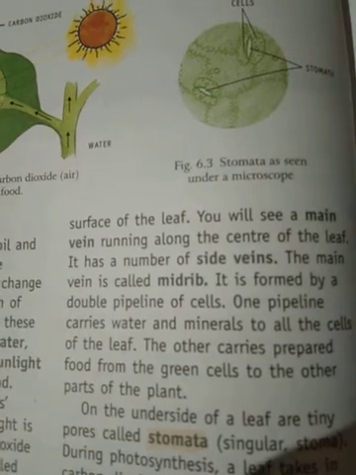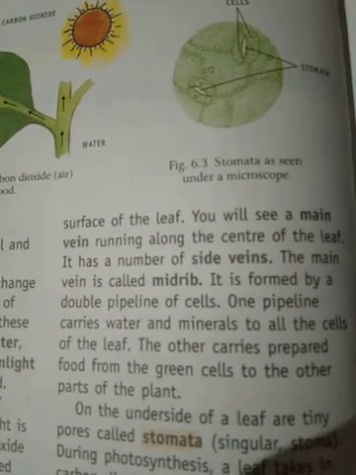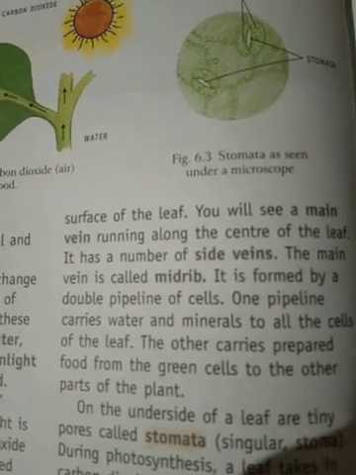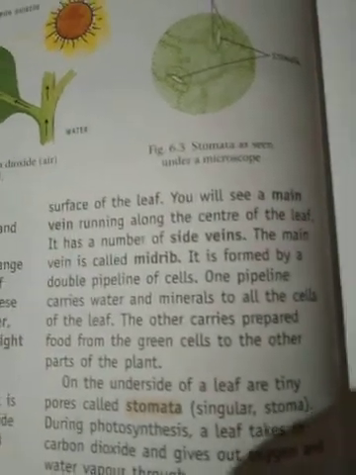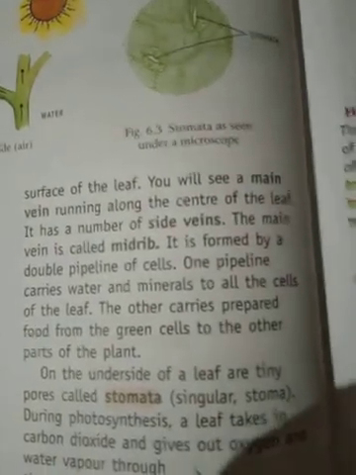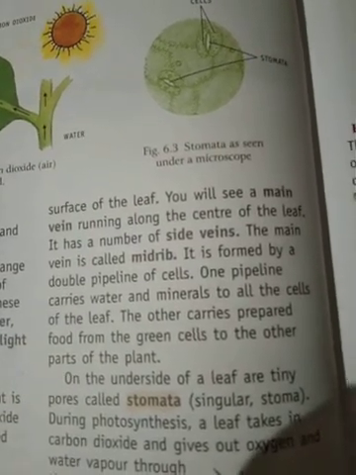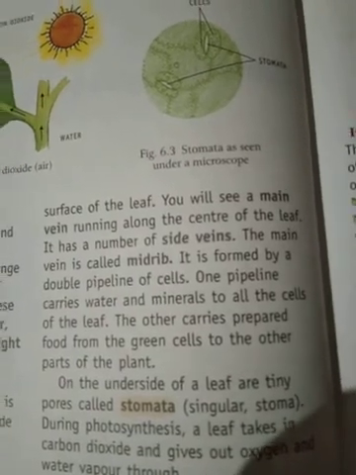But if you use your sense, you can sense that some kind of food is being prepared by the leaf. Now, will all the food prepared by the leaf be used by that leaf?